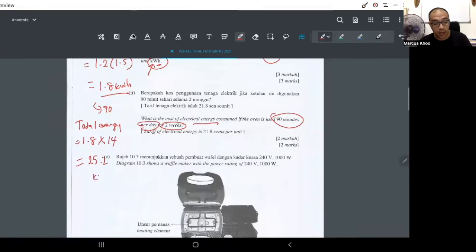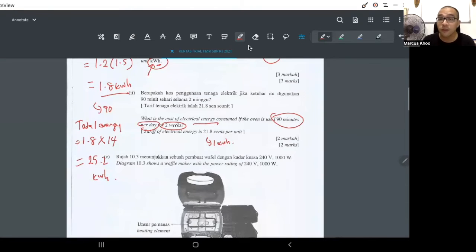25.2 kilowatt hours, in which 1 kilowatt hour is 21.8 cents.